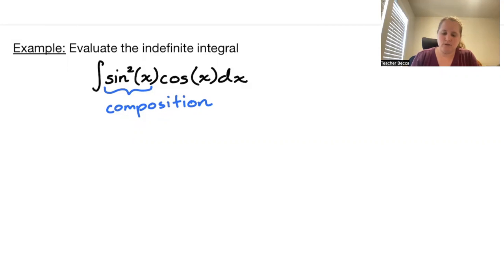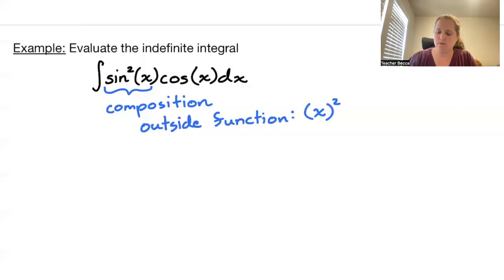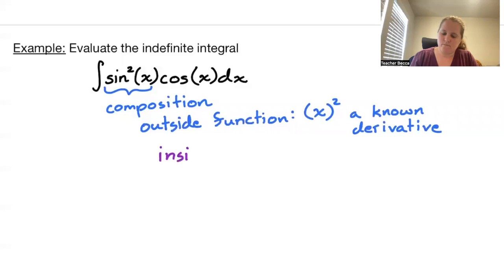The outside function is something squared, right? So x squared, which is a known derivative. The inside function is sine of x.